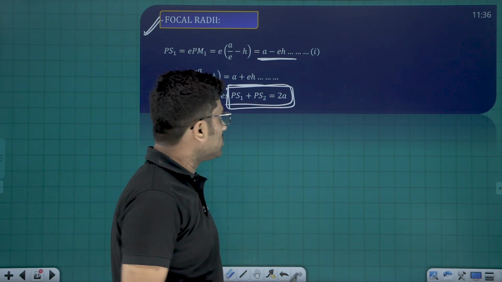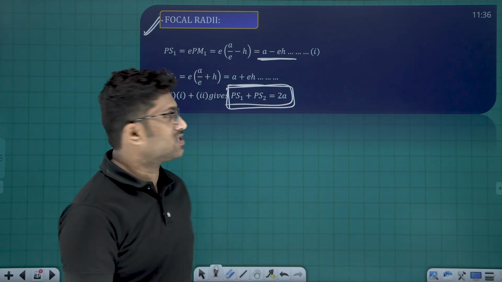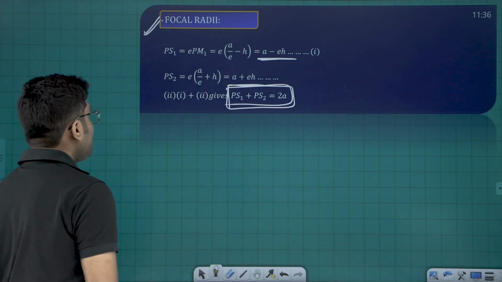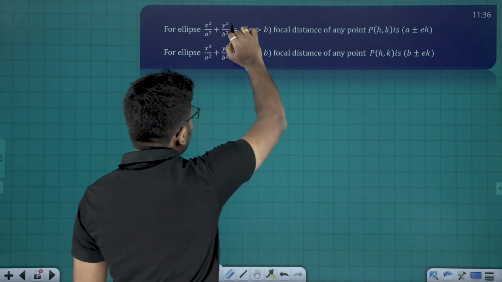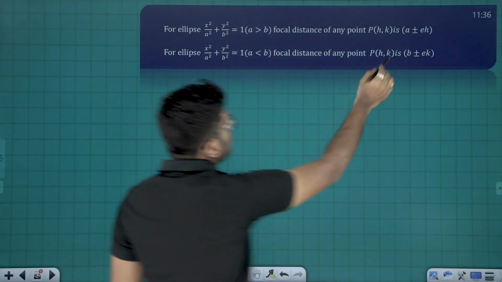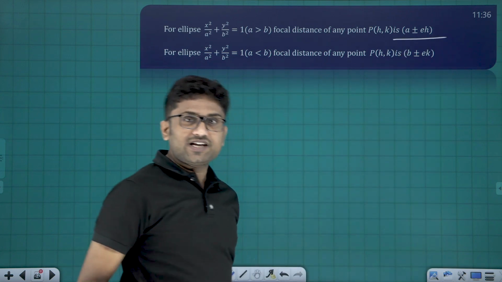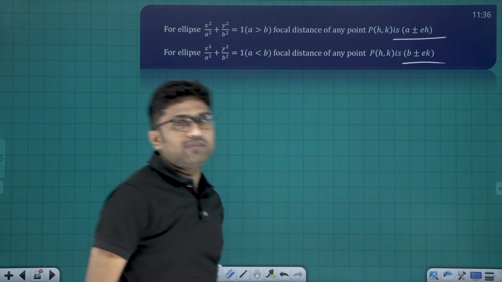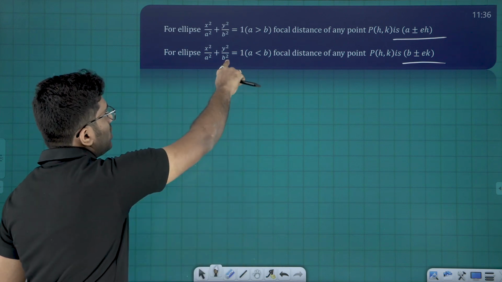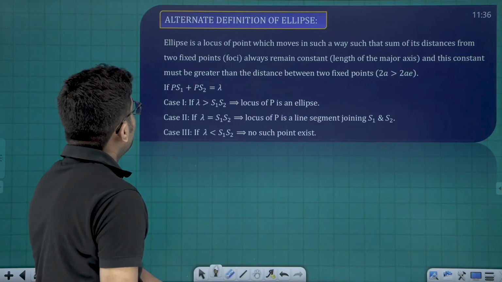PS1 plus PS2 is always equal to a constant, and this constant is equal to the length of the major axis. That is for the ellipse x square by a square plus y square by b square equals 1. The focal length is a plus eh or a minus eh, and for the other it is b plus ek or b minus ek. This is for horizontal and vertical.